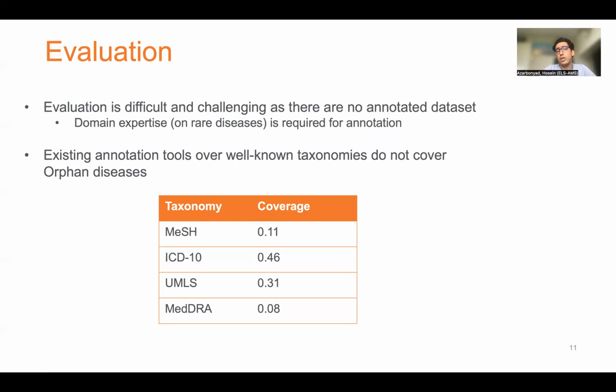As an alternative, we looked at other well-known taxonomies that have labeled data sets, to see if we could use those taxonomies and their associated annotated articles to evaluate our approach. But it turned out that these famous taxonomies only cover a small portion of the Orphanet taxonomy, so we decided not to use them.